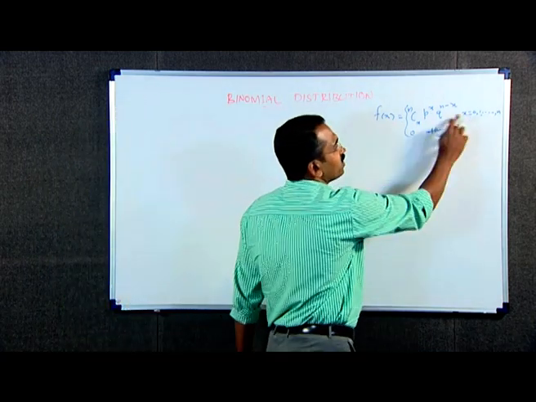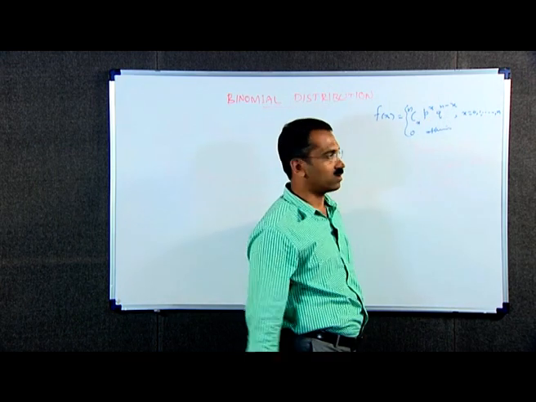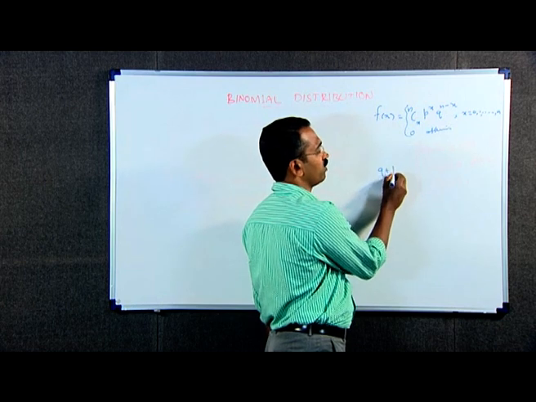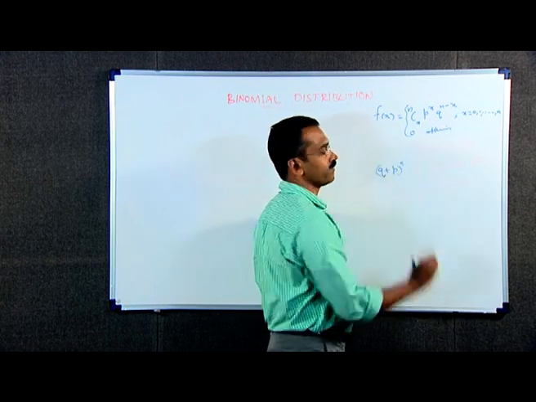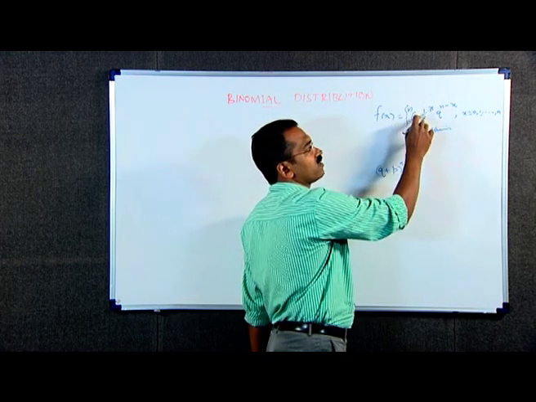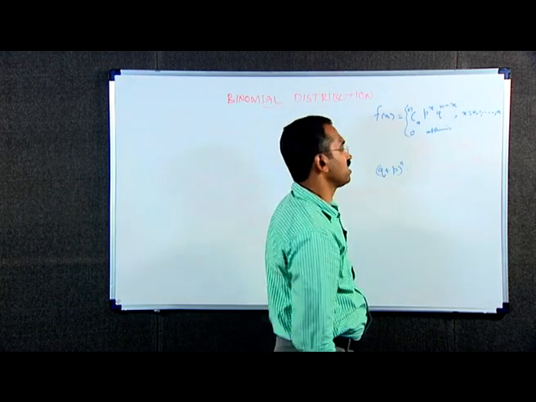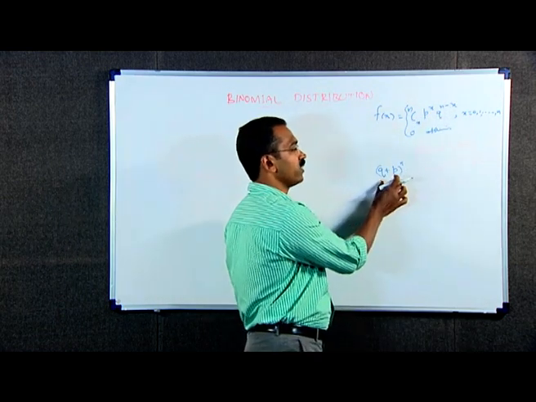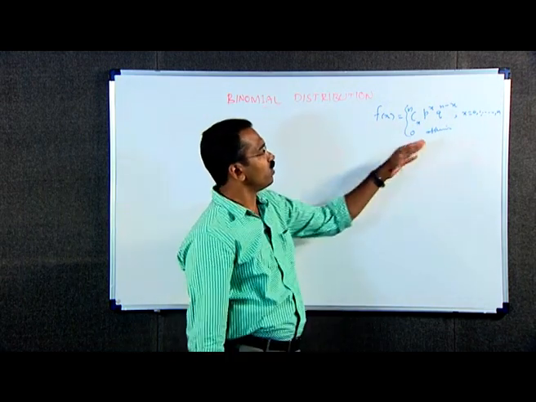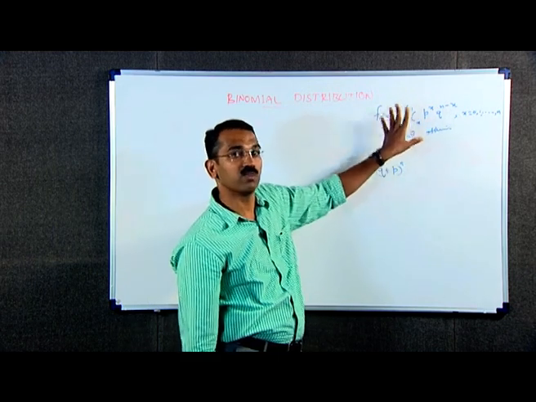If we put x equal to 0 here, we get nC0, p raised to 0, q raised to n minus 0, which is the first term of the binomial expansion of q plus p all raised to n. If we put x equal to 1, this term will become nC1, p raised to 1, q raised to n minus 1, which is the second term of the binomial expansion of q plus p all raised to n, and so on. Therefore, this function is named as binomial distribution.